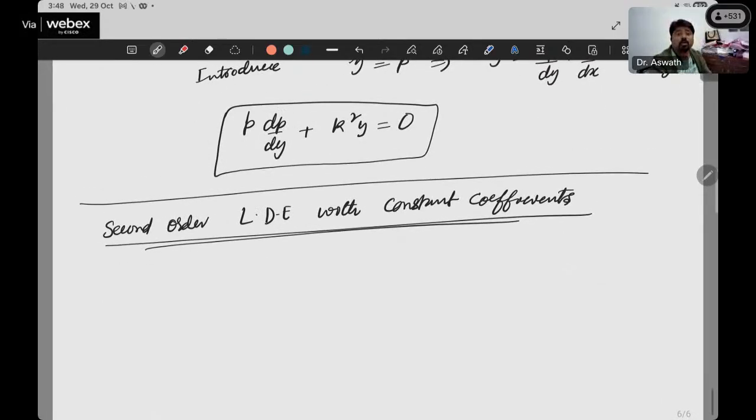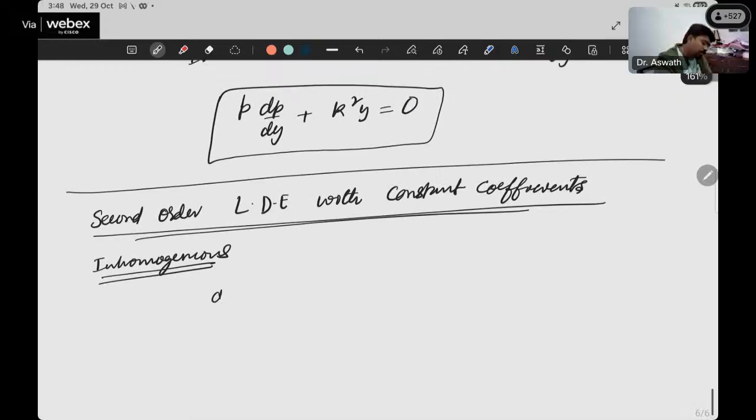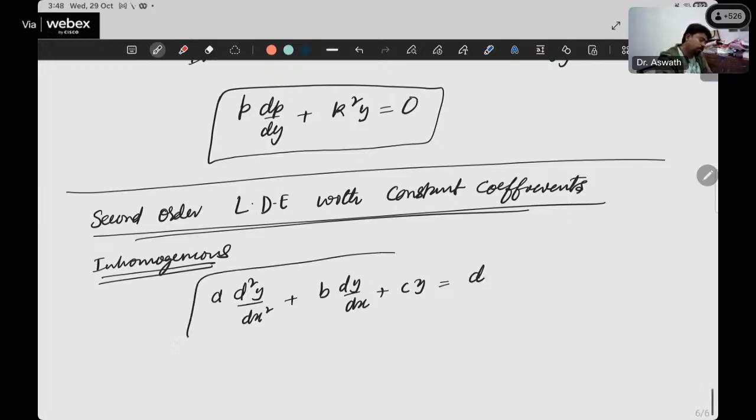It can be inhomogeneous, so I'll talk about inhomogeneous. So far we have seen homogeneous ones. Inhomogeneous ones are: a d square y by dx square plus b into dy by dx plus c into y is equal to some d. So it's nicely written in terms of a, b, c, d, where a, b, c, d are some constants.